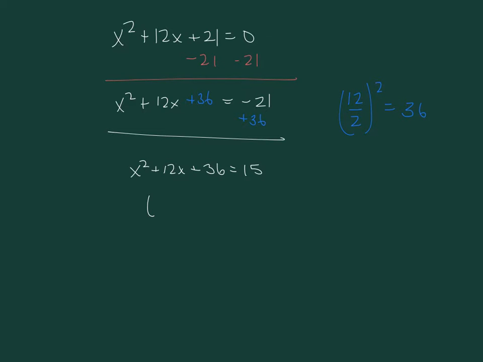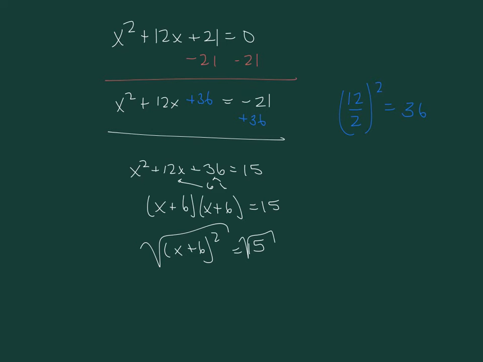From here, I could do a box method to solve this, but I can see that this is 6 times 6, and I know 6 plus 6 is 12, and so 6 and 6 make the perfect square. X plus 6 quantity squared equals 15, and then I just square root this and I square root this. That gives us x plus 6 equals plus or minus the square root of 15.